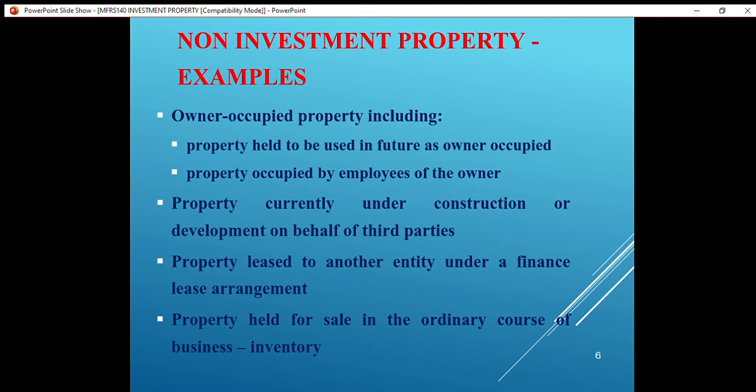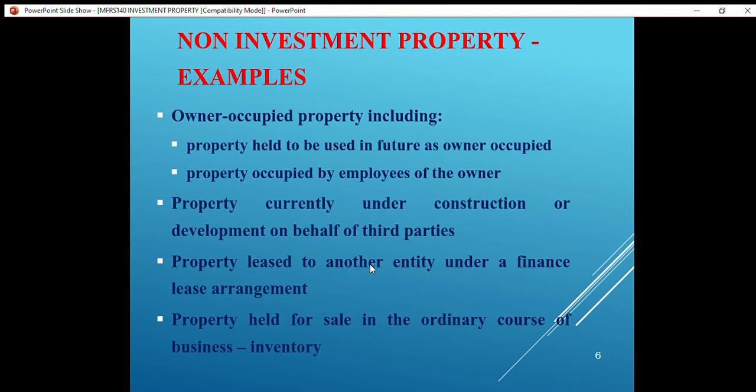This one also cannot be classified as an IP, because once the property is completed, once it has been fully constructed, it will be sold to the third parties.